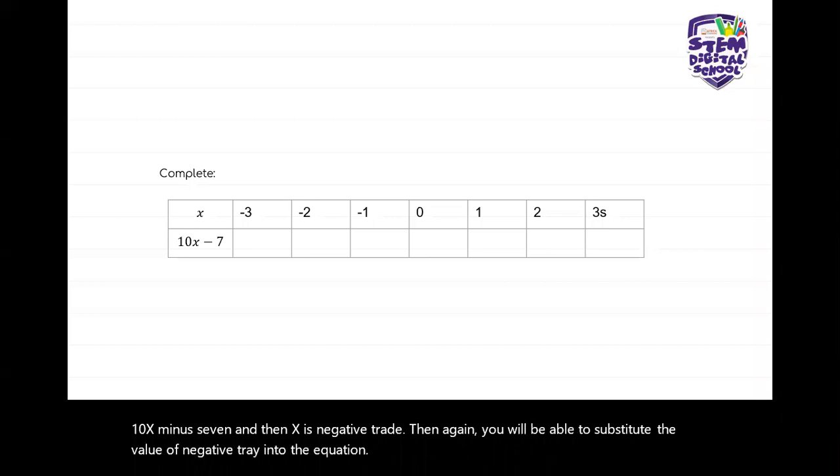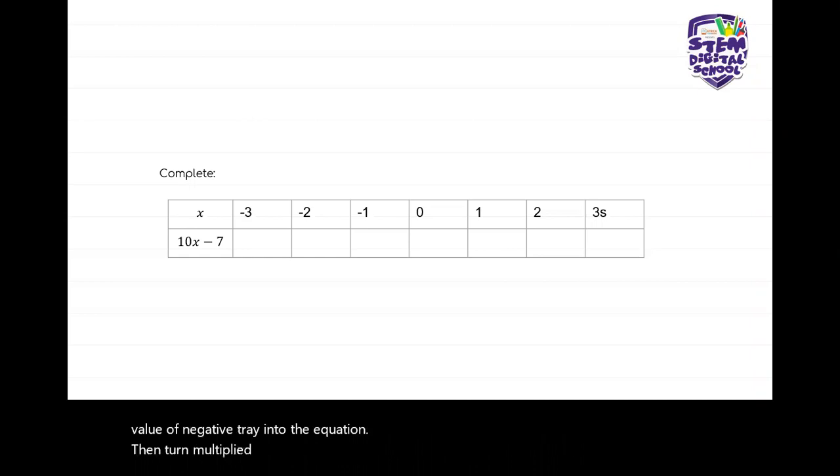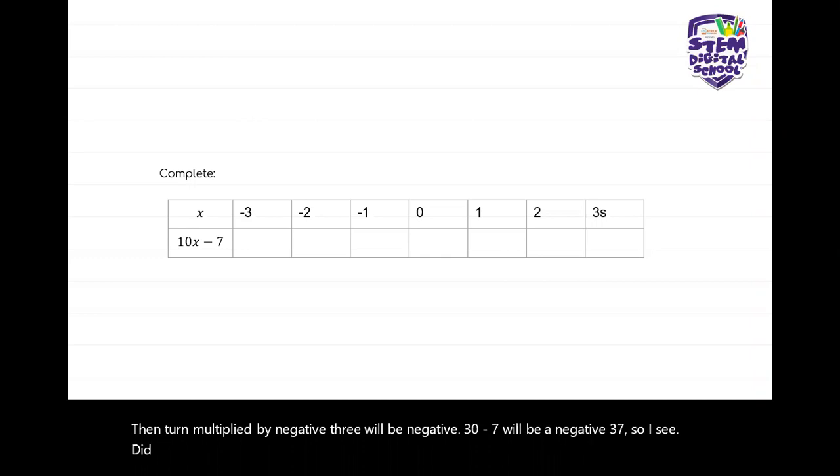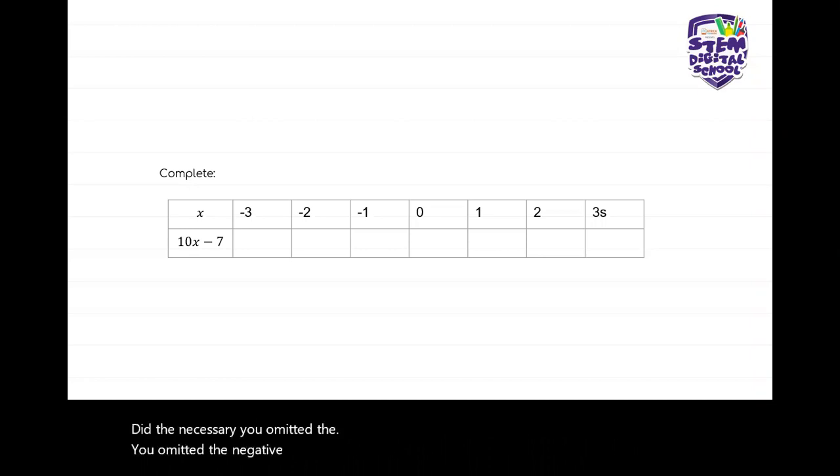And then 10 multiplied by -3 will be -30, and -30 minus 7 will be -37. So I see that, Lesedi, you omitted the negative sign in your last part there. Thank you very much. I see you have just fixed that.